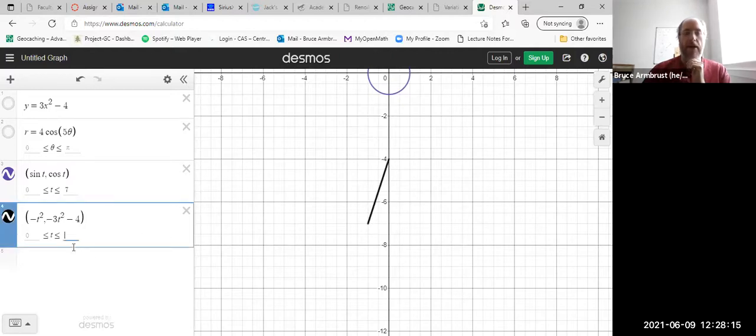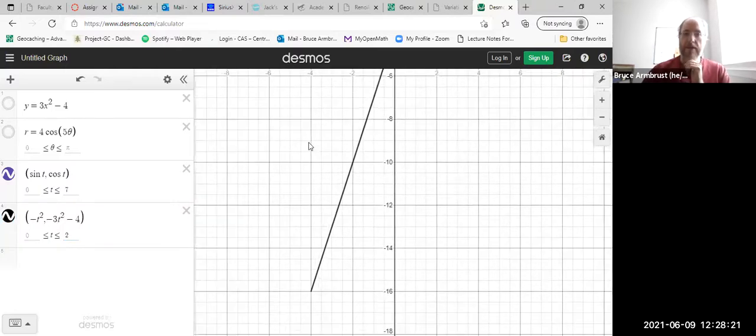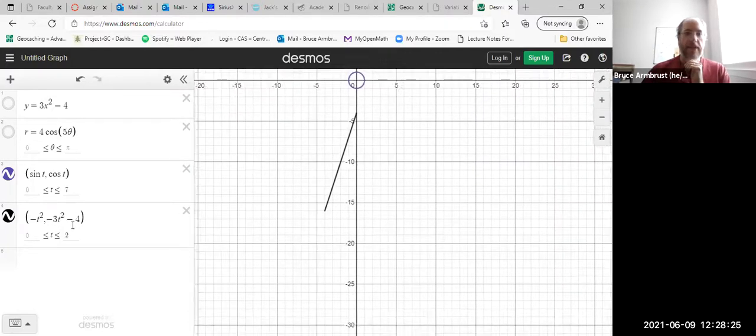Now, if I extend it out, let's go to 2. And notice how it grew longer this direction. Let me really zoom out here. We'll change it to 3, and you'll see that it gets even longer, right? So it's going in this direction when it was positives. Now, let me change this so that we're doing negatives.